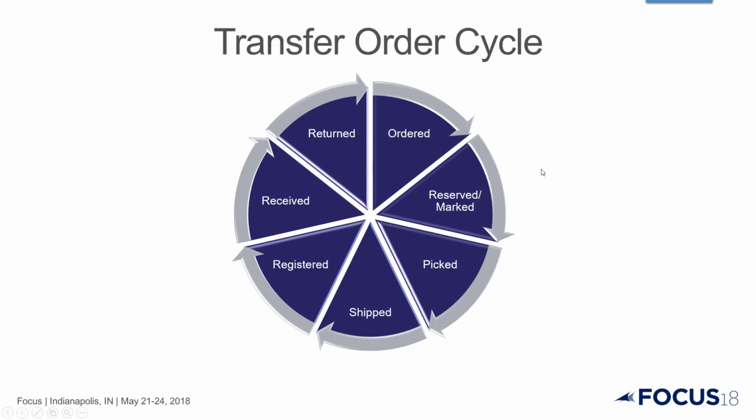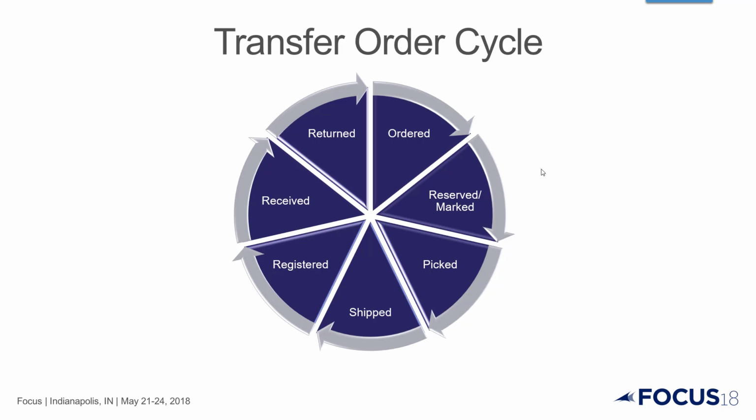Okay, transfer order. A transfer order is between physical locations across multiple warehouses. So I'm shipping it from one warehouse to another, not within the same warehouse. So you still have the ordered part, and that is ordered to be shipped. I've got the reservation and pick just like before. Then I actually ship it. That removes it from your inventory.